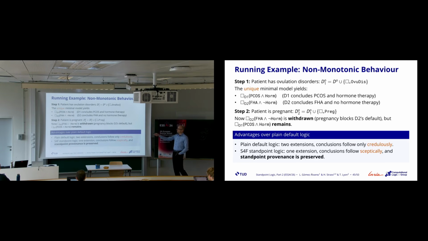So we could have concluded these things, but only credulously because they wouldn't have occurred in the same extension. In our logic, we have one extension, the conclusions follow skeptically, and we can additionally see where these conclusions come from. Right? So you have a form of provenance. You can see why this holds.